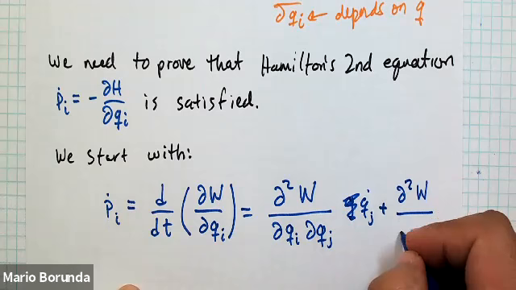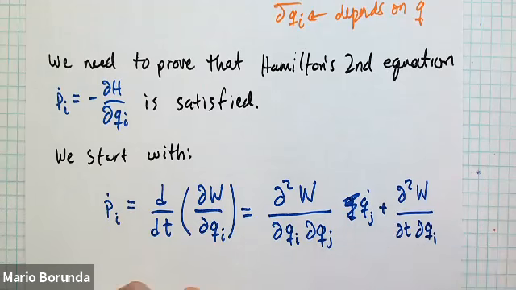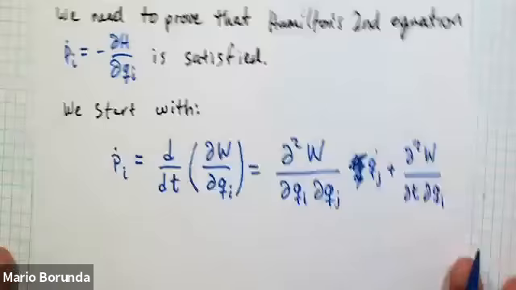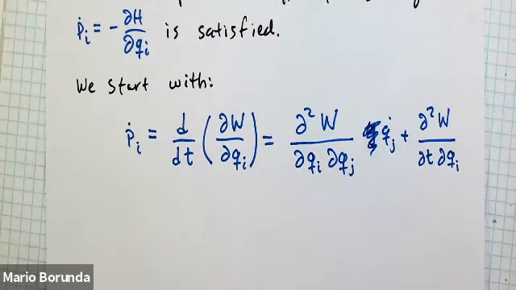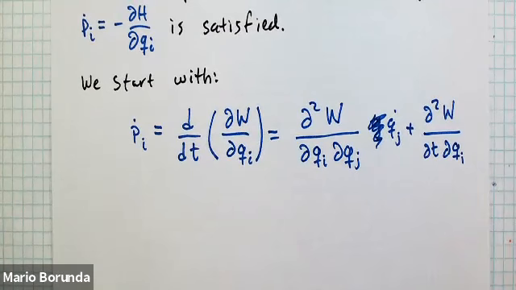And now we have this partial with respect to time, partial with respect to qi. So we can rewrite it like that.